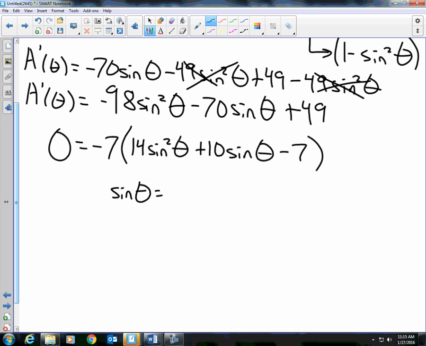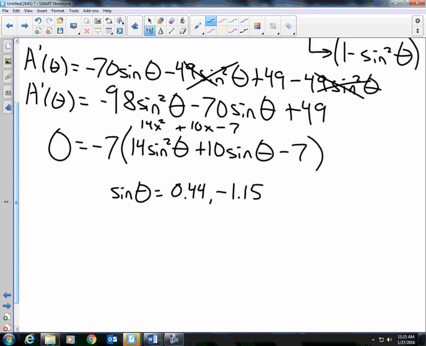If you had 14x squared plus 10x minus 7, that would give you a solution for x, right? So we're just substituting sine instead of x. Same thing. It's called substitution. What do you get? 0.44, and then you get a negative 1.15 as well, right?